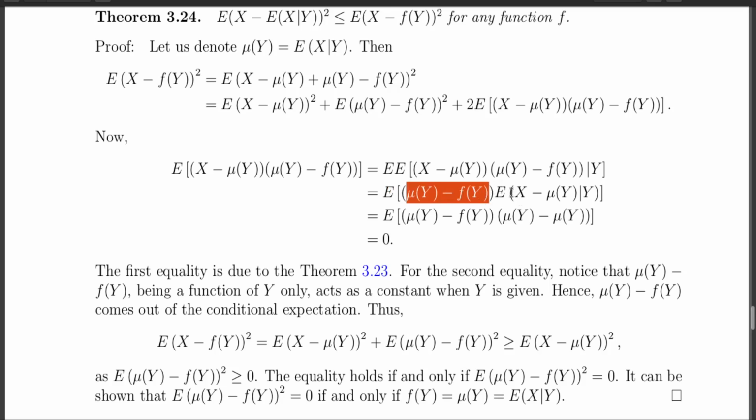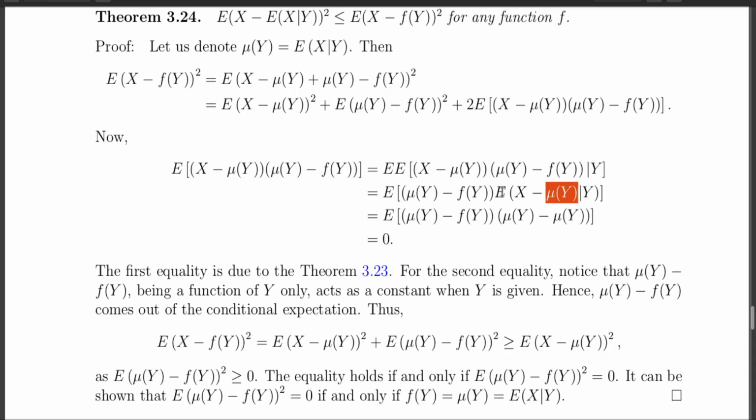Now I compute this one using the linearity property. The first part gives me the expectation of X given Y, and the second part gives me the expectation of mu y given Y. The first part, the expectation of X given Y, is basically mu y, and the expectation of mu y given Y is also mu y, because mu y depends only on Y, and for given Y, mu y acts as a constant, and the expectation of a constant is a constant.